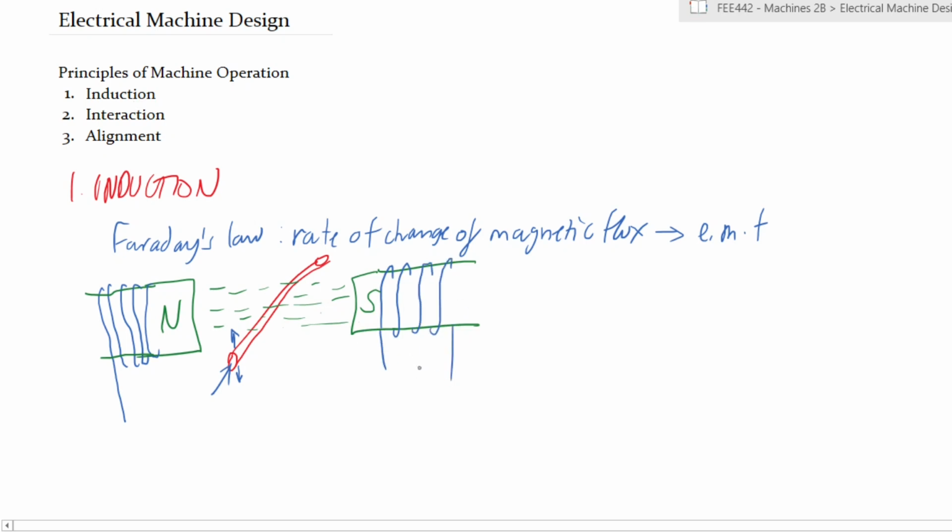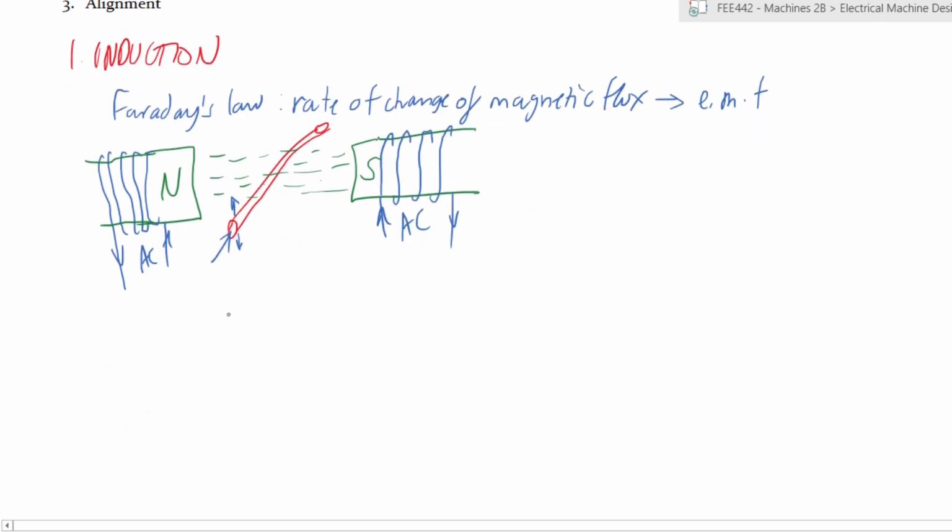So if you have, for example, an AC current being created there, your field would then have a varying magnitude that would in turn, due to Faraday's law, create an EMF.